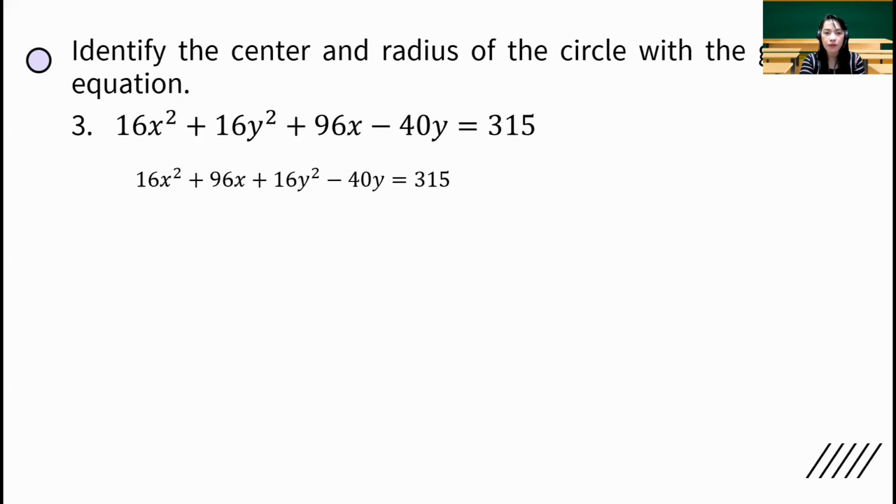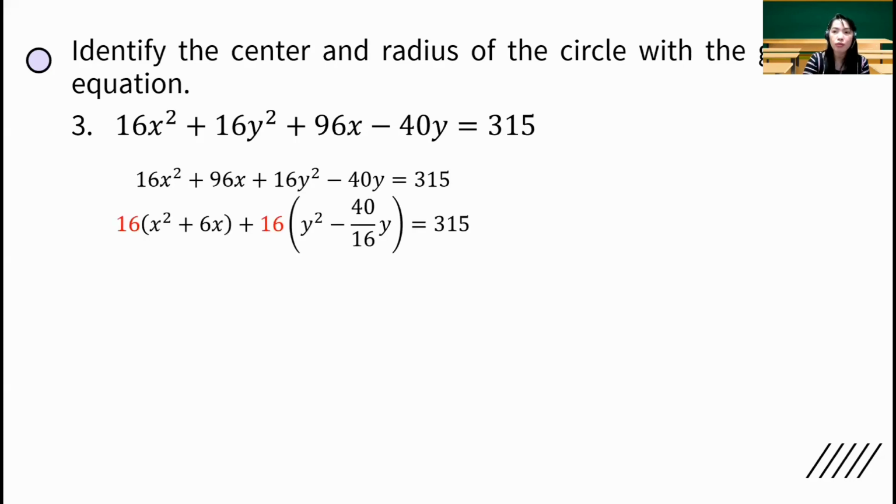Next step, since meron tayong 16 as the coefficients of x squared and y squared, you have to factor it out. Ilalabas mo muna yung 16 sa x and y. So 16x squared divided by 16, we have 1 as now the coefficient, x squared. 96 divided by 16 is 6, and then copy x.